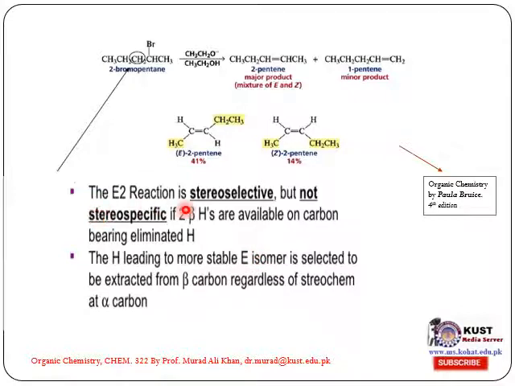The E2 reaction is stereoselective but not stereospecific. If two beta hydrogens are available on the carbon adjacent to the one bearing the leaving group, again we will go to the example of 2-pentene. So 2-bromopentane, if you see here, two hydrogens are available.